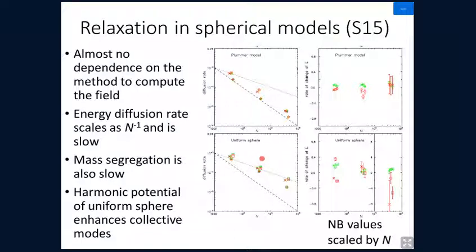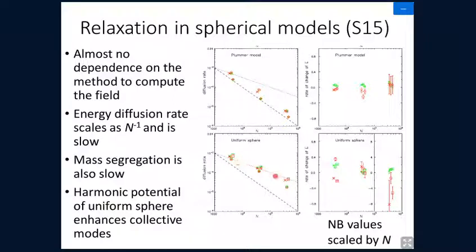I just wanted to include the plot which I made from a uniform sphere, which is a pretty unrealistic mass distribution for a galaxy. But a uniform sphere has a harmonic gravitational potential, and that means that the spectrum of oscillations of density fluctuations that you excite can oscillate at a constant frequency forever because the potential is harmonic, and so you get a very much different and much slower rate of improvement in relaxation.